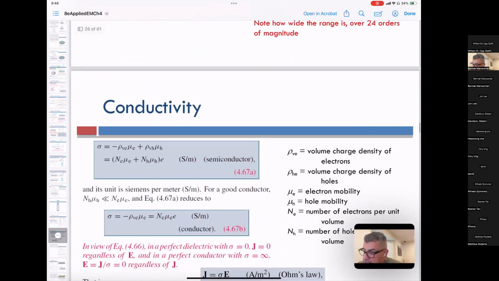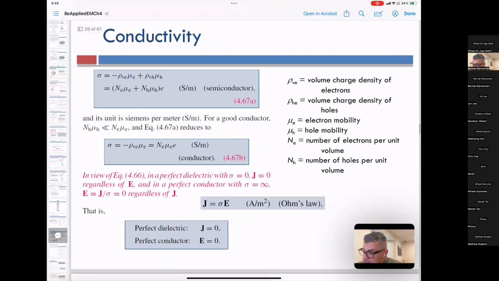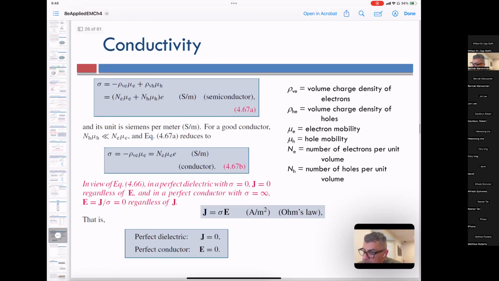This slide talks about conductivity and semiconductors, which is interesting and very important to me, but we can skip it in this class.